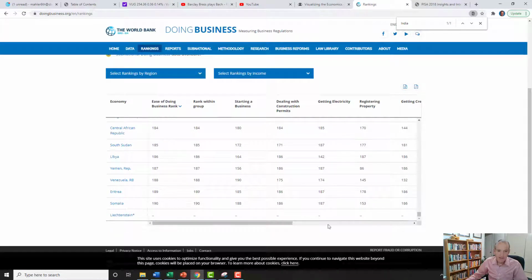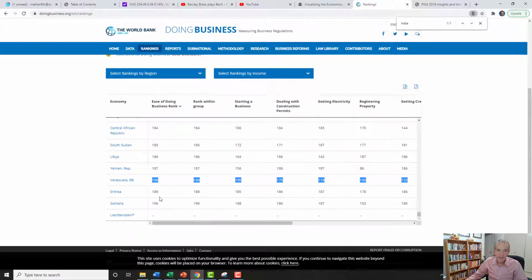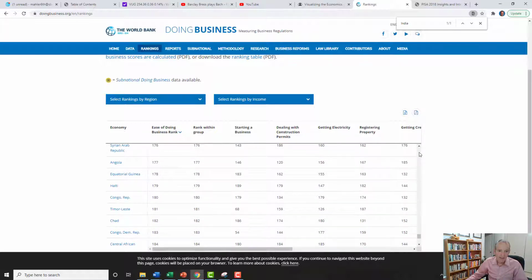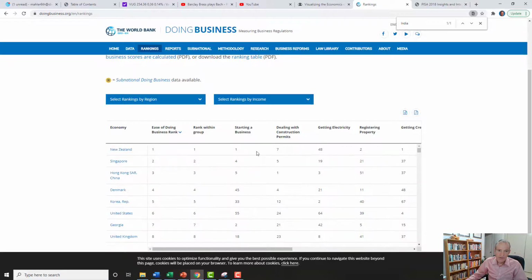If you look at the list, Somalia ranks last, Eritrea, Venezuela obviously right now is just a mess. You can see they don't rank well on anything. South Sudan, obviously, Libya, you see countries that are in great turmoil right now, all the way through. And then you get the strongest ones, which is what you would expect.